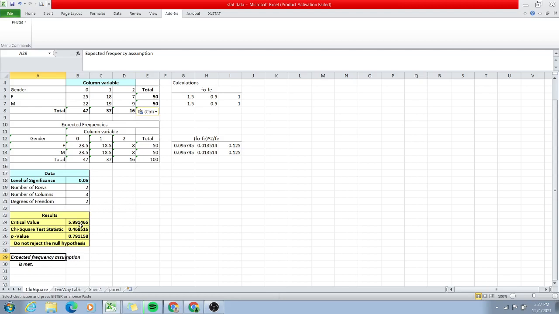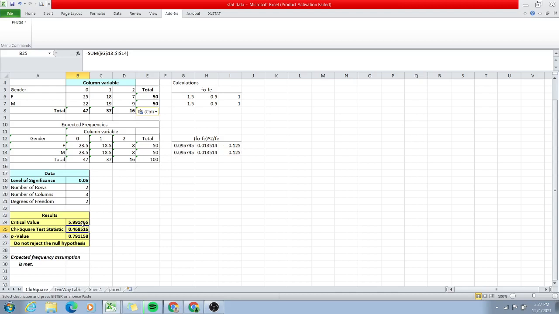Now, the chi-square test statistic is 0.468516 or 0.47, which is equal to the summation of the square of the difference between observed and expected over expected frequency. So 0.47 is equal to the sum of these values.